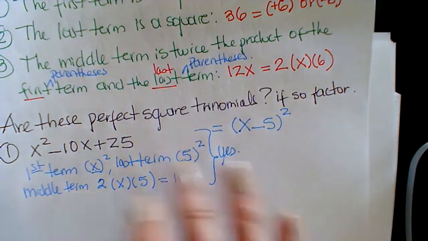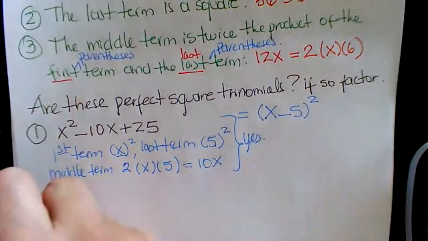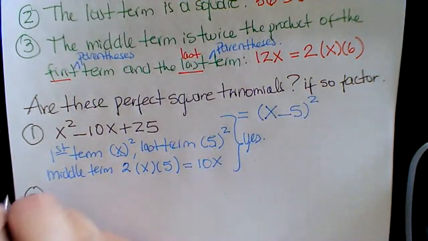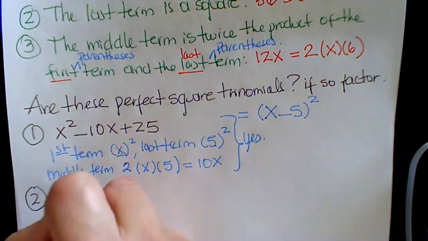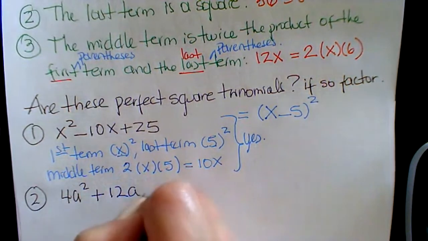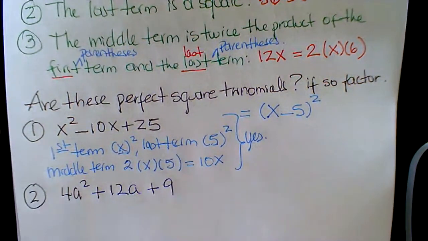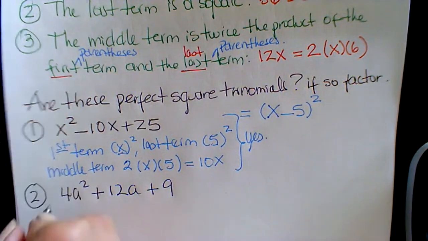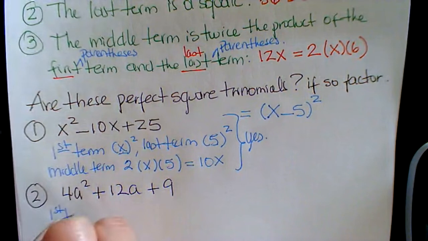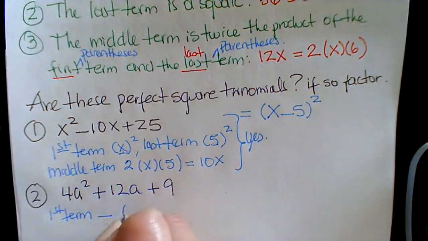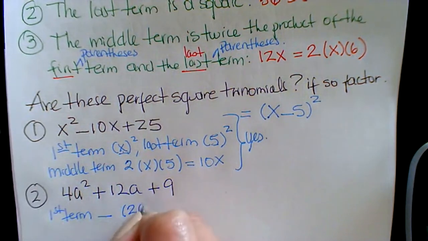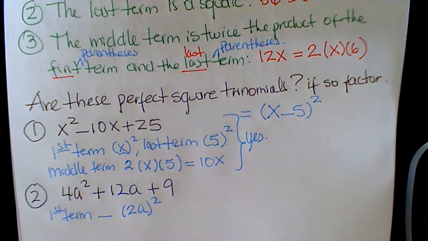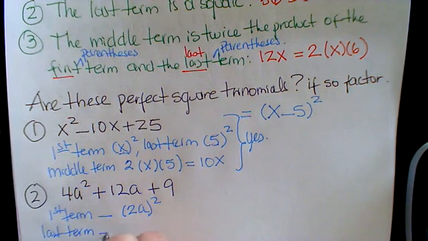Now let's do another one. We have 4a squared plus 12a plus 9. So we have first term is going to be 2a squared, right? Last term is going to be 3 squared.